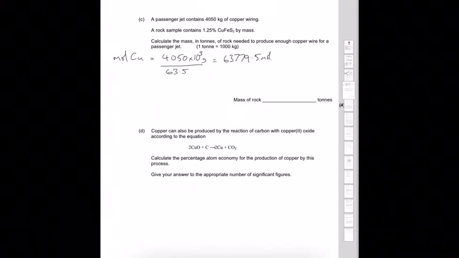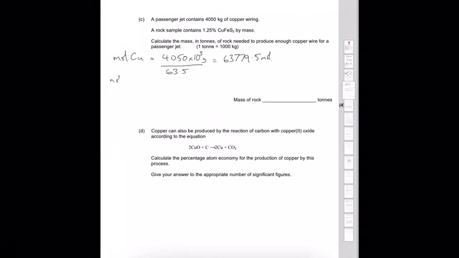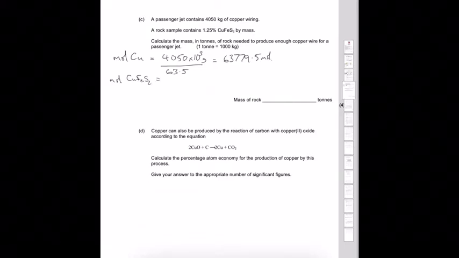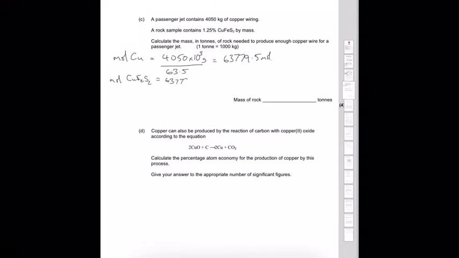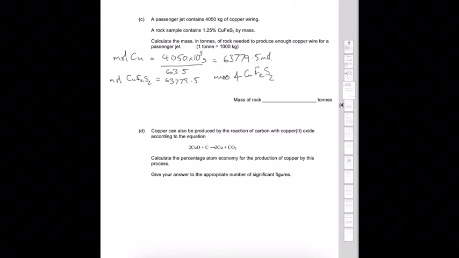The mole ratio of copper to the copper ore is 1:1, so that gives you the number of moles of the ore. That number just goes in moles of the copper ore, but it is only 1.25%. So we're going to have to factor that in.